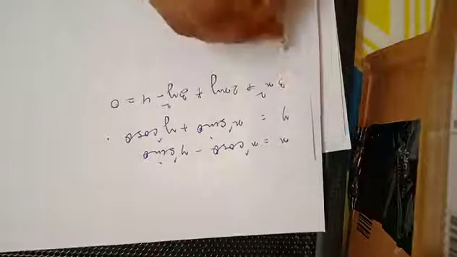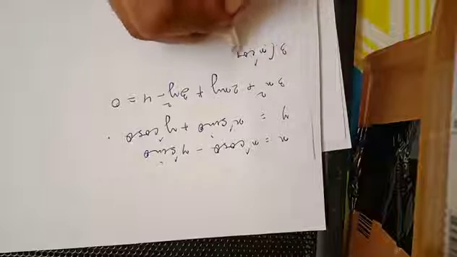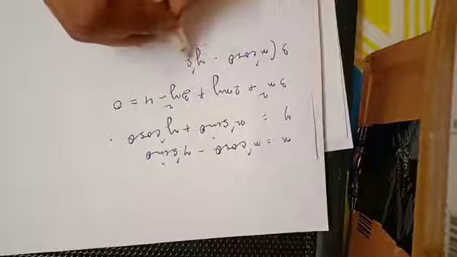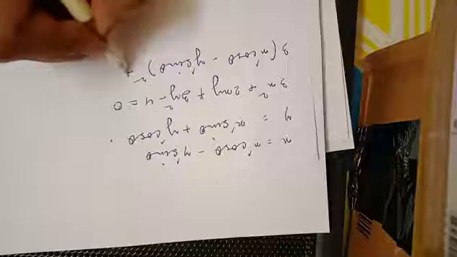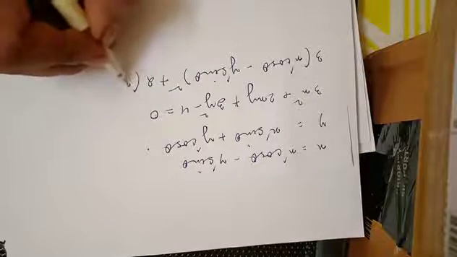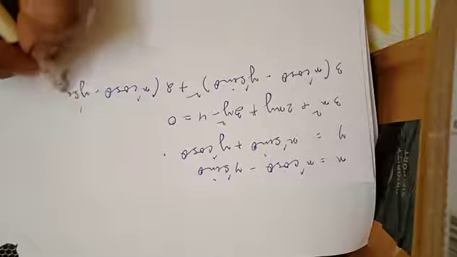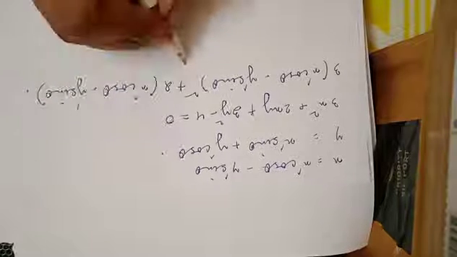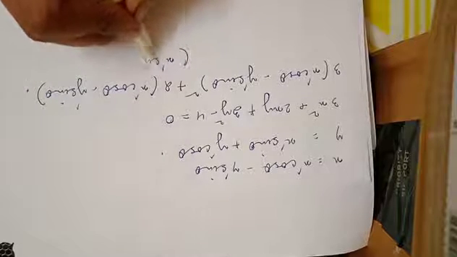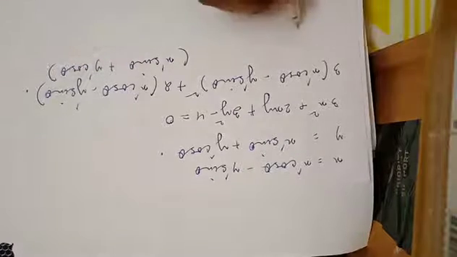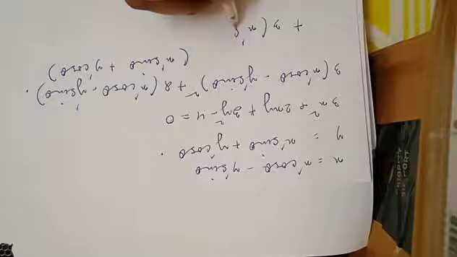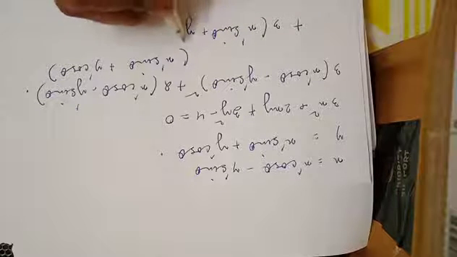So if you put it, you will get 3 into x dash cos theta minus y dash sin theta its whole square plus 2 into x dash cos theta minus y dash sin theta into x dash sin theta plus y dash cos theta plus 3 into x dash sin theta plus y dash cos theta its whole square minus 4 equals to 0.